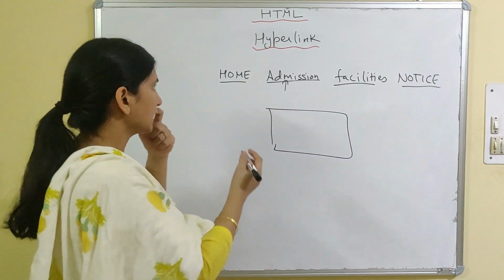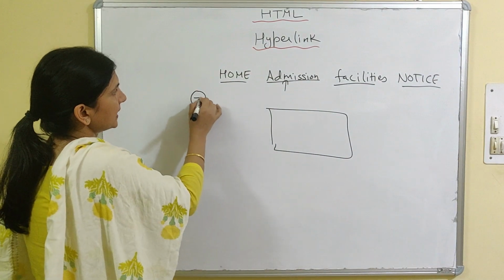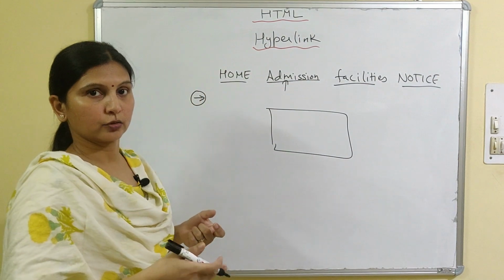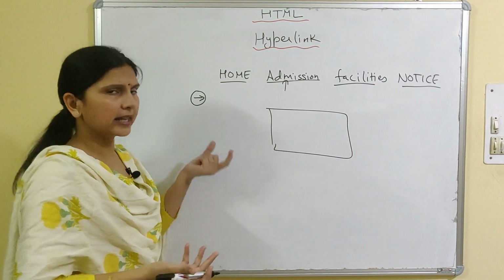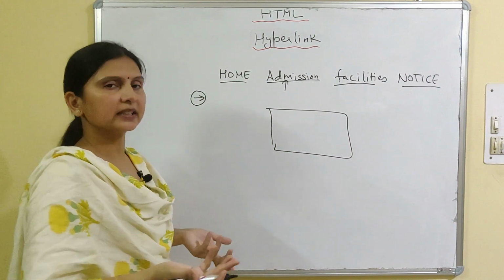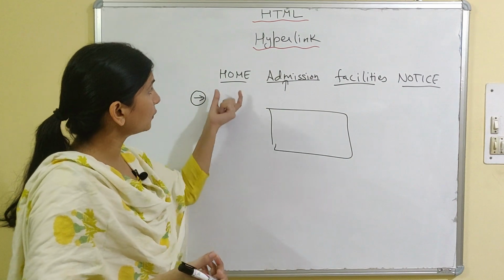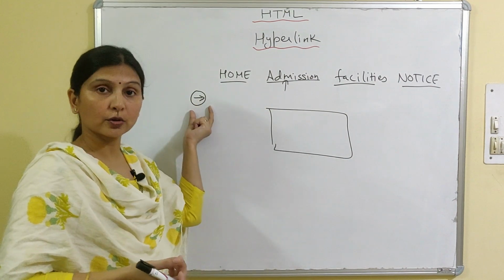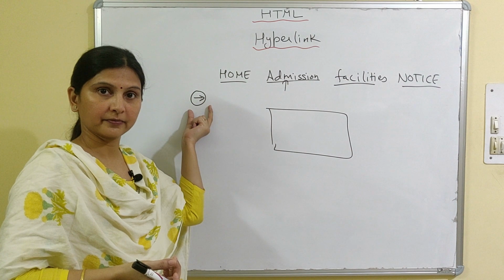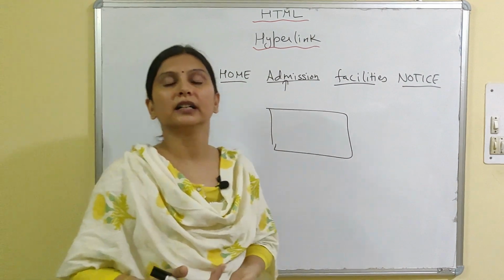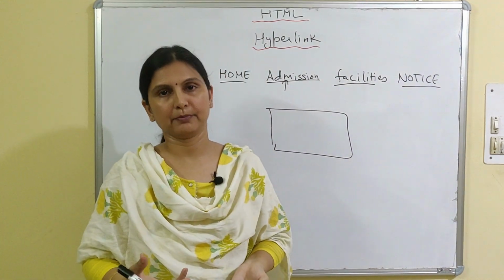It can be a symbol like this for next. To go to the next page, it can be an arrow or any other image also. Fine. So you can make a hyperlink of any text as well as of any image. Fine. So today we will learn how to create a hyperlink.